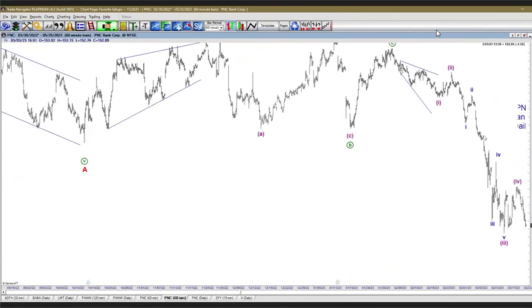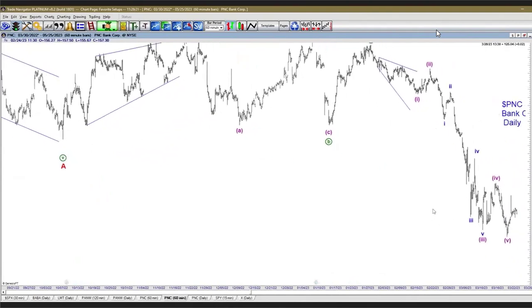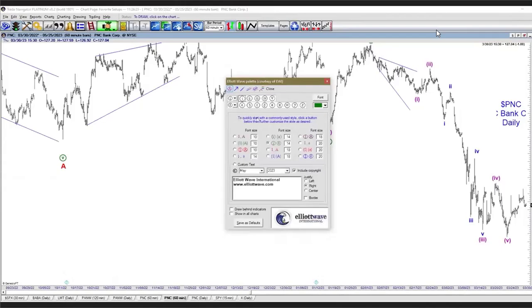So you could have gotten short somewhere around here, around 144, and looked for a completion of 5 waves down from this high right here. So I got a 1-2-1-2, 3 of 3, 4-5, 4-5. So that is probably going to be wave 1 of C.